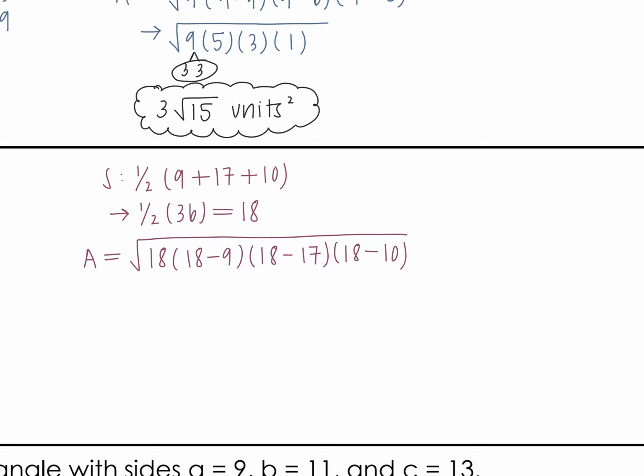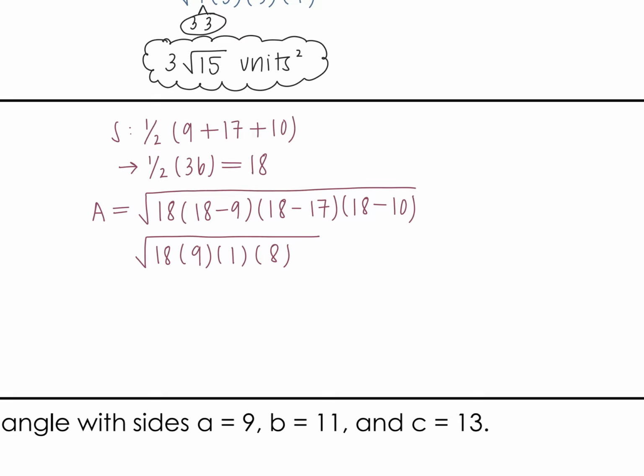Okay, so now that I have that, I'm going to go ahead and use my PEMDAS to start with my parentheses by simplifying. I'm going to get 18 times, and then we'll get that 9, 1, and then we'll have 8 over here. Once again, I'm not going to sit here and multiply them. I'm going to leave them as they are, and I'm going to try and factor them from here.